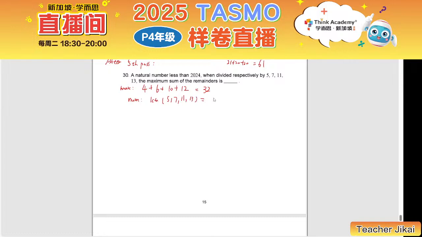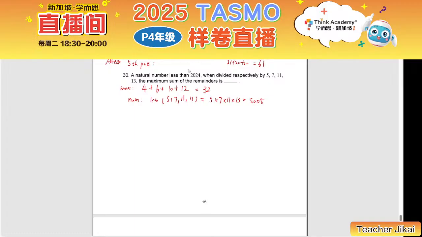And as we know, 5, 7, 11, 13 are co-prime. So if they are co-prime, the LCM of them is just multiplying them together. So it is 5005. So this is the LCM of it, so it is divisible by 5, 7, 11, and 13, right?